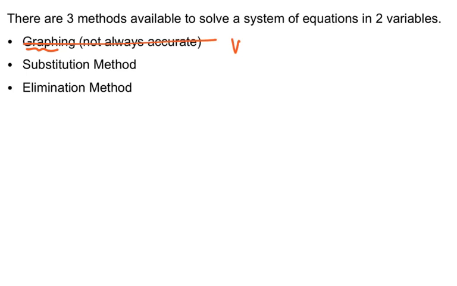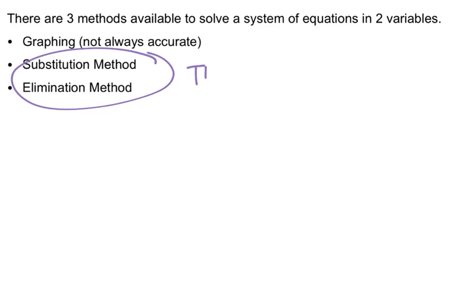I'm going to want to see work. Just using your calculator to find the solution isn't going to be adequate. I'm going to be looking for work on your paper. So we will graph to help us understand, but that's not a method we would use on the test. After this first example with graphing, we'll focus on learning the substitution and elimination methods, and both will work, and those will be acceptable solving methods for your test in this unit.